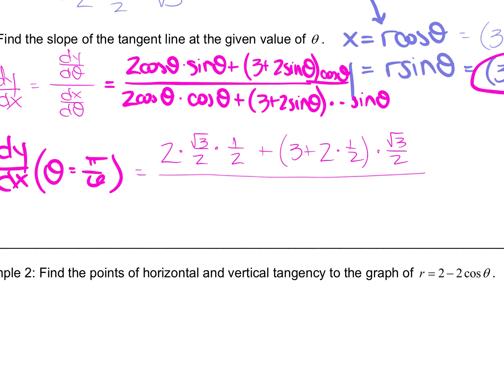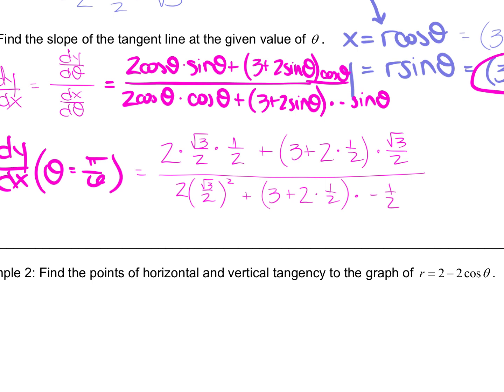Now on the bottom, I might do a little bit of cleaning up because cosine times cosine is really cosine squared, right? So I'm going to make that 2 times root 3 over 2 squared plus 3 plus 2 times 1/2 times negative 1/2.